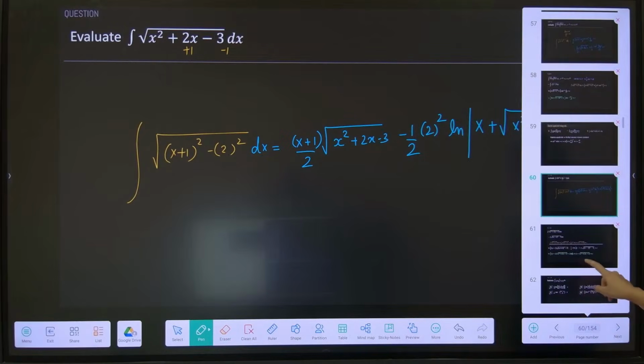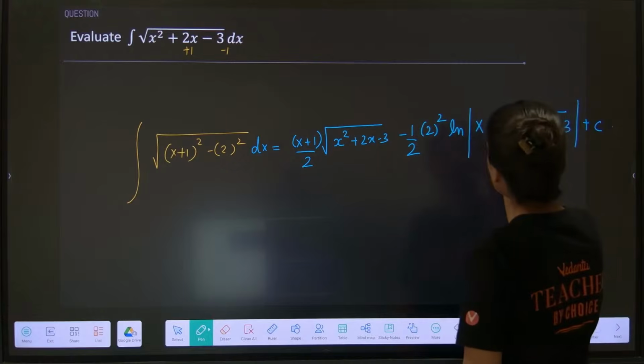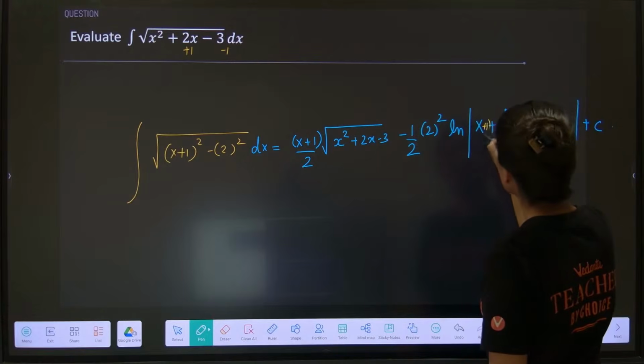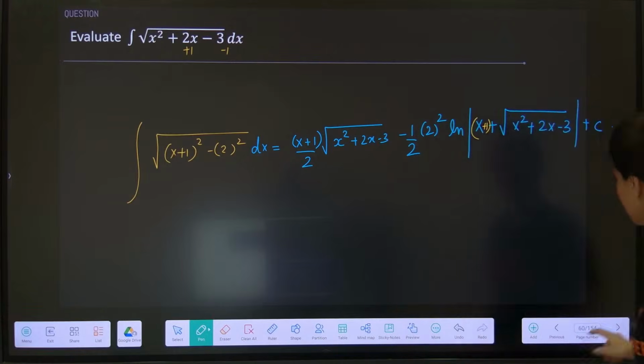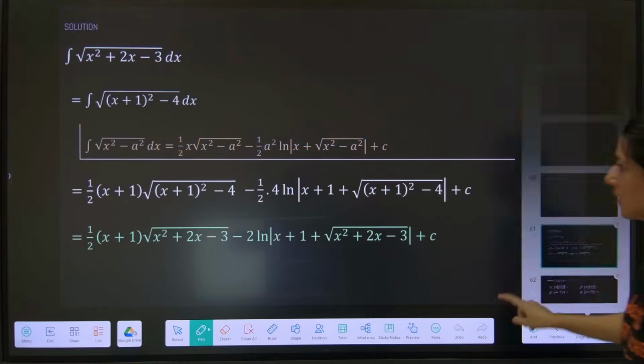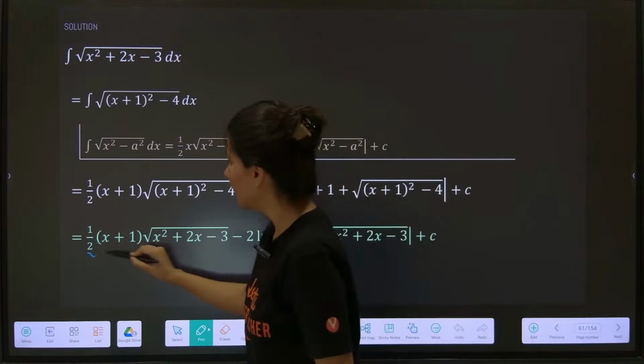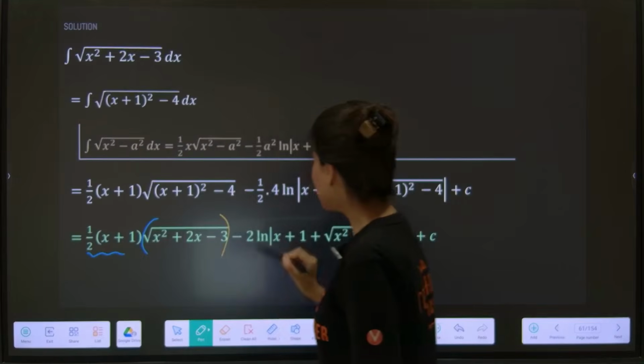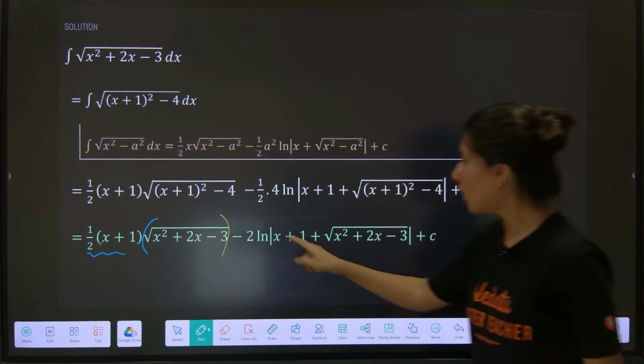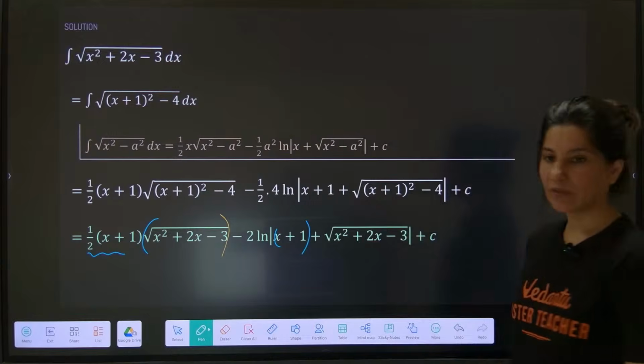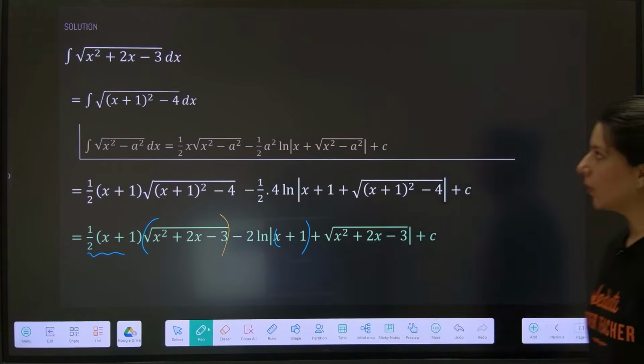So your answer will be what? But please understand, this is log of x plus, so this is x plus 1. So can you see this is half x plus 1, your question, minus 4 by 2 log x plus 1 plus same thing. Yes? Okay.